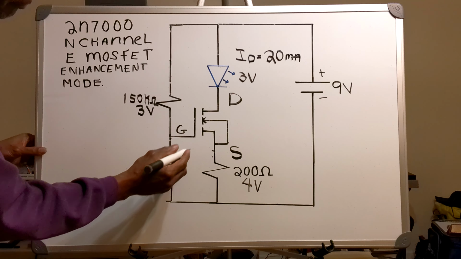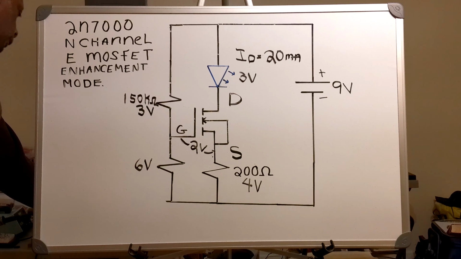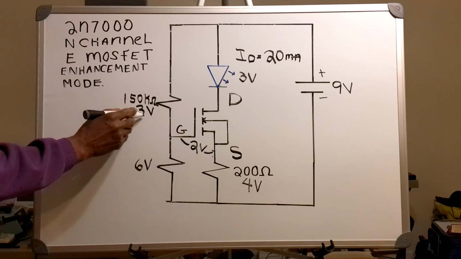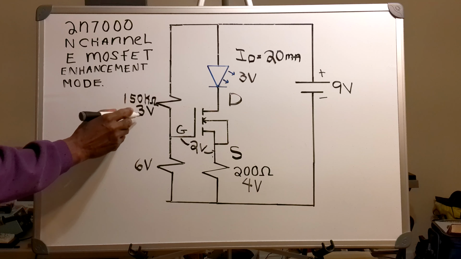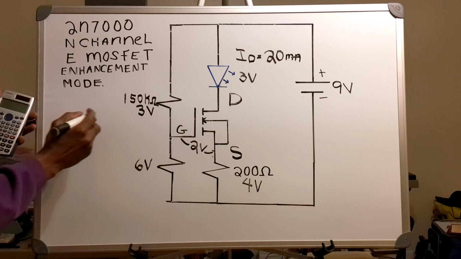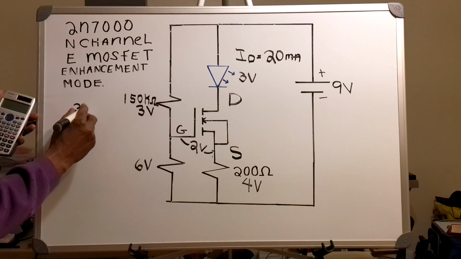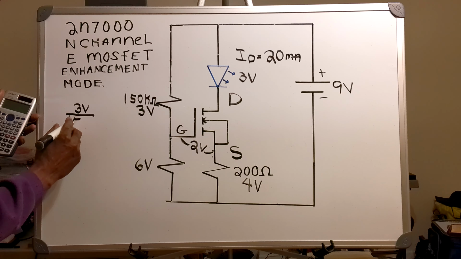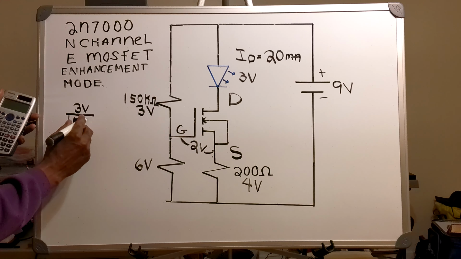So now the question is, exactly how do I find the value of this resistor? First, I find the current that will be flowing through my 150 kilohm. And so I go 3 volts divided by 150 kilohms.